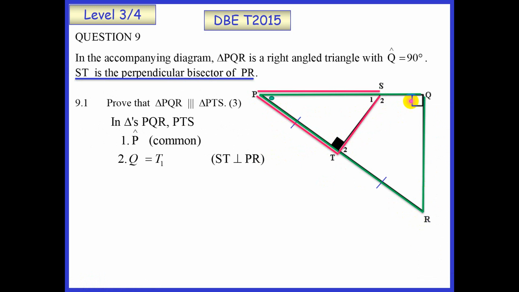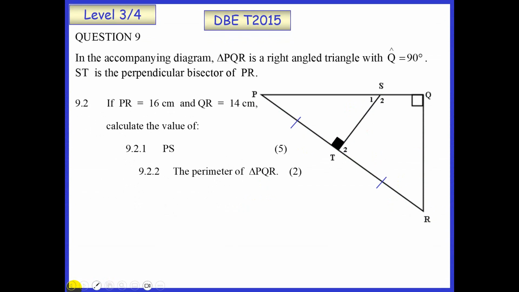Remember, Q was given to be 90. And number three, angle R, which is our third angle in the green triangle, will be equal to angle S1, and that is the sum of angles of a triangle. And therefore, we can conclude that these two triangles are similar. Case AAA, angle, angle, angle.